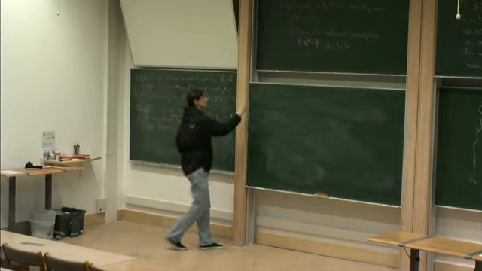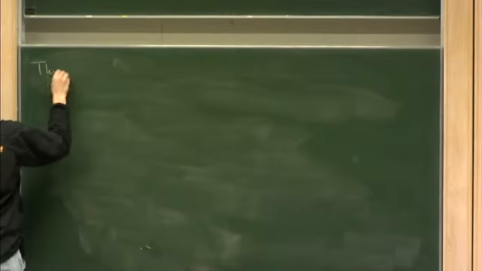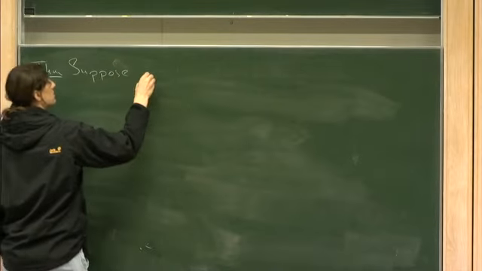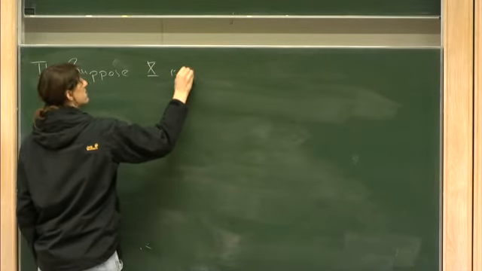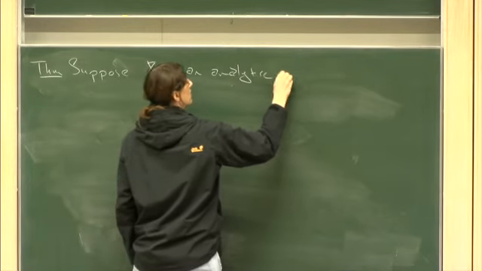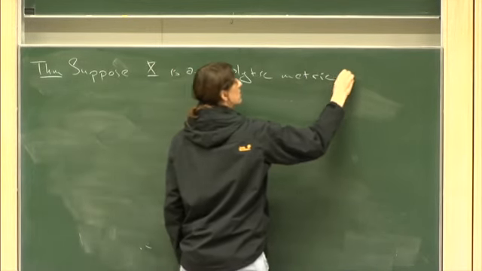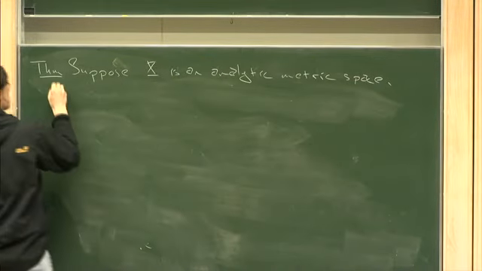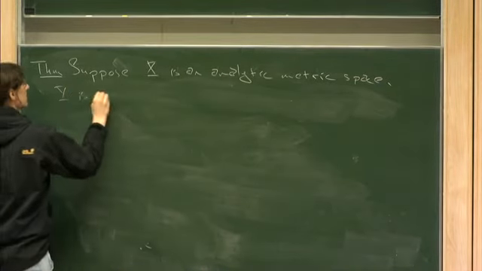So suppose X is an analytic metric space. I guess for what I'm about to state, Y can just be any topological space.